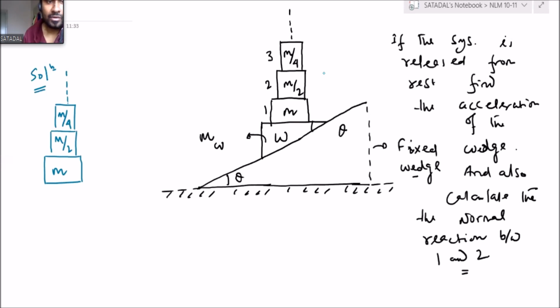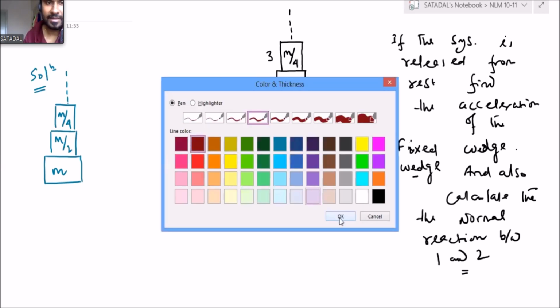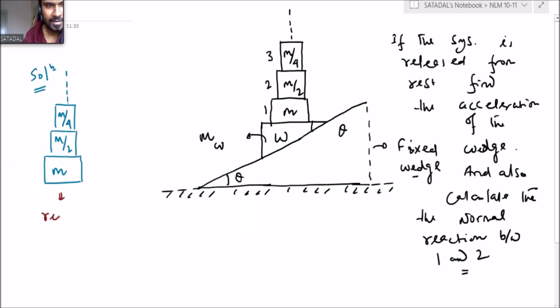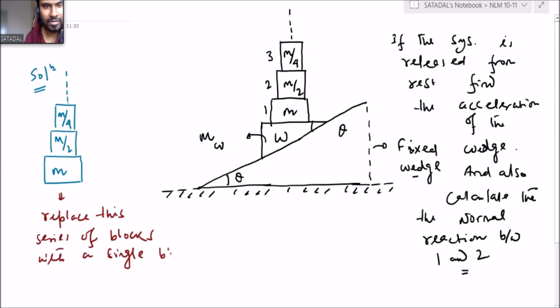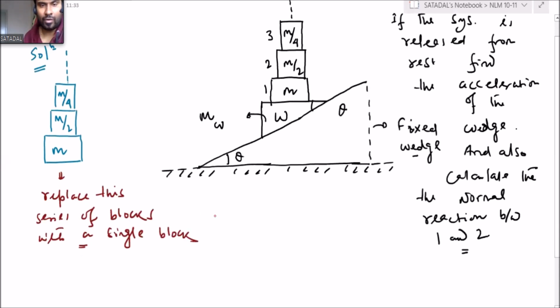Okay. So this block system, our first target should be to replace this series of blocks with a single block. Listen to me now. No hand raising. So I'm going to replace all the blocks with a single block.